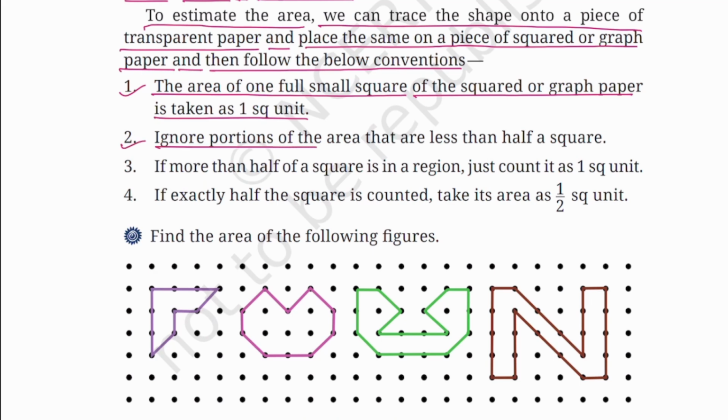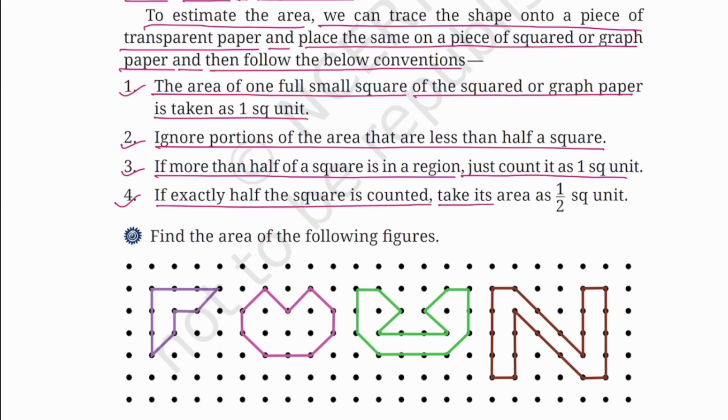Ignore portions of the area that are less than half a square. 3. If more than half of a square is in a region, just count it as 1 square unit. 4. If exactly half the square is counted, take its area as half square unit.